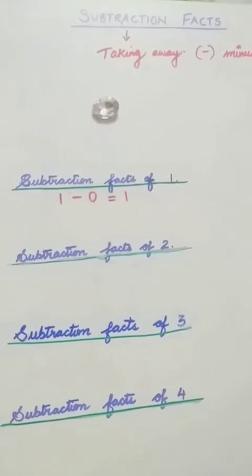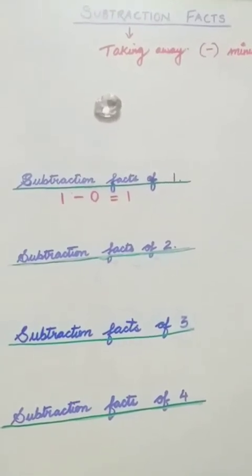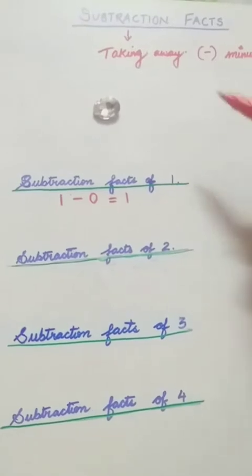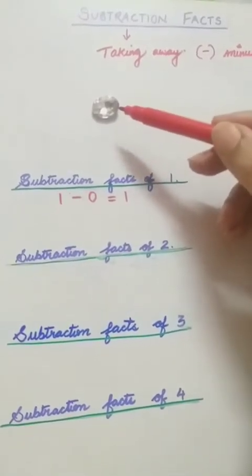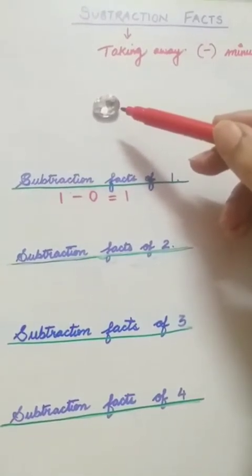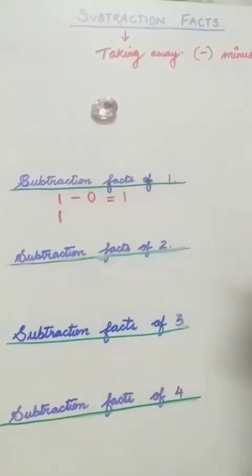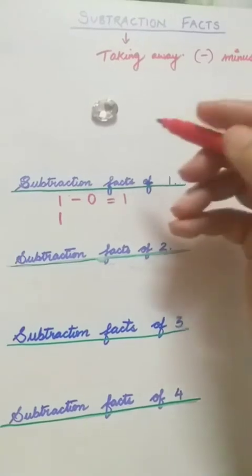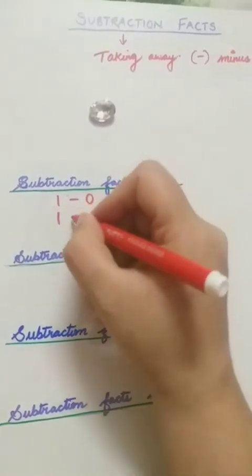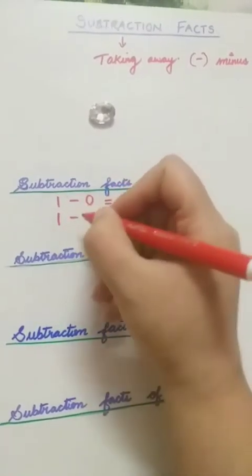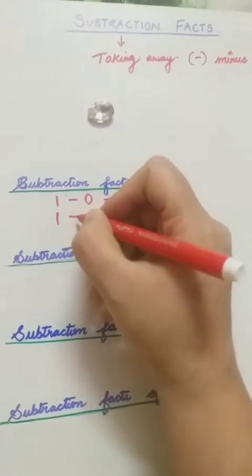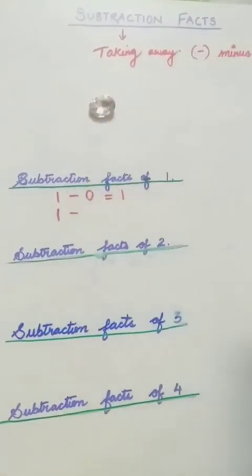Now let's move on to our second subtraction fact of 1. So we have how many buttons over here? 1. So we will write here 1. 1 is our first number. Sign of subtraction is minus, and minus means taking away.